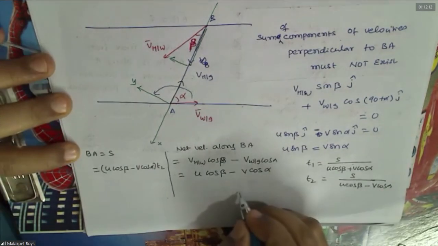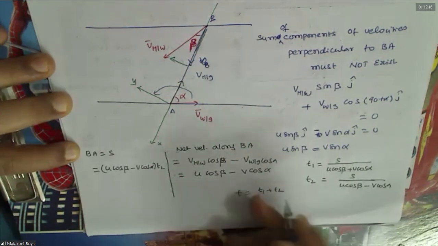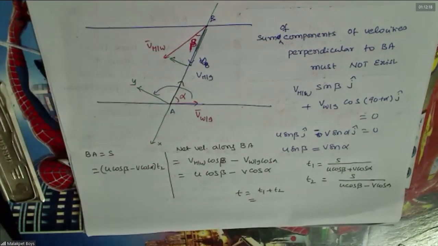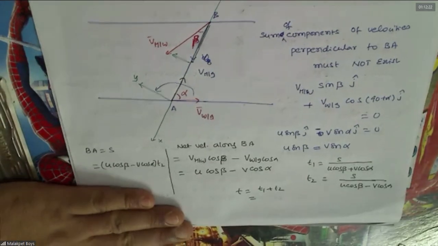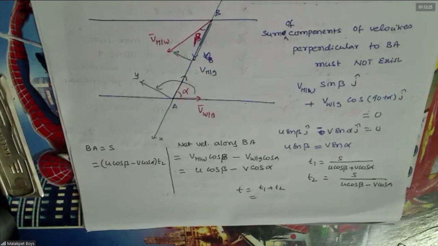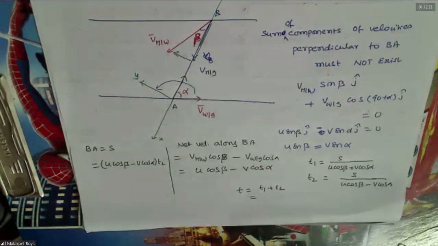Okay, so total time is nothing but T1 plus T2. Substitute this and take the LCM. That's all over. Take the LCM and see how fast. Understood this method? Yes, sir. So anywhere you want to move in a particular direction, components perpendicular to that must be 0.